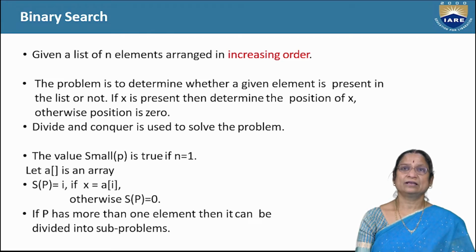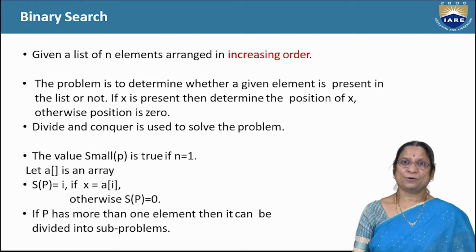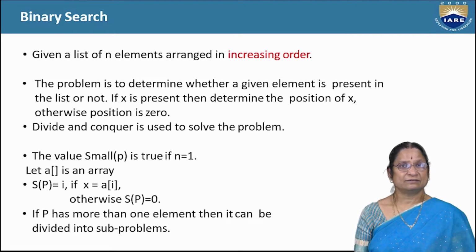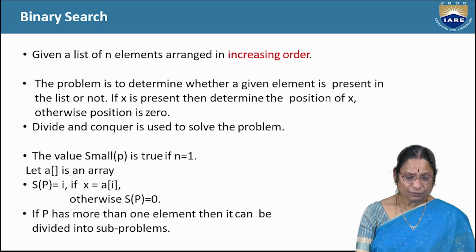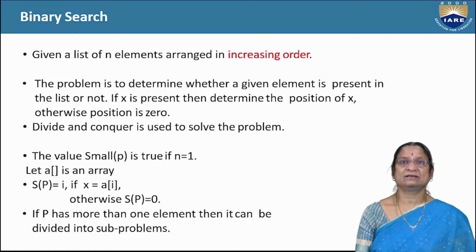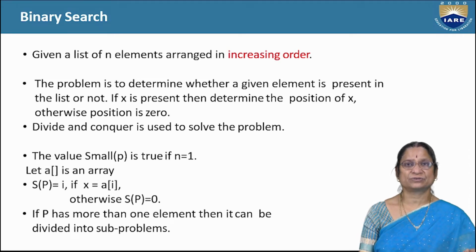Whether that particular element is found at any iteration or at any level, we will stop. Otherwise, the search is unsuccessful. What is the difference between the previously explained linear search and the current search? In linear search, every element is going to be searched. But in binary search, every time the middle element is going to be searched.